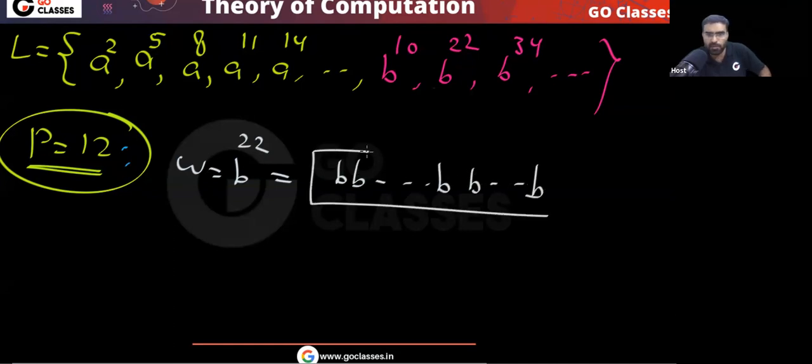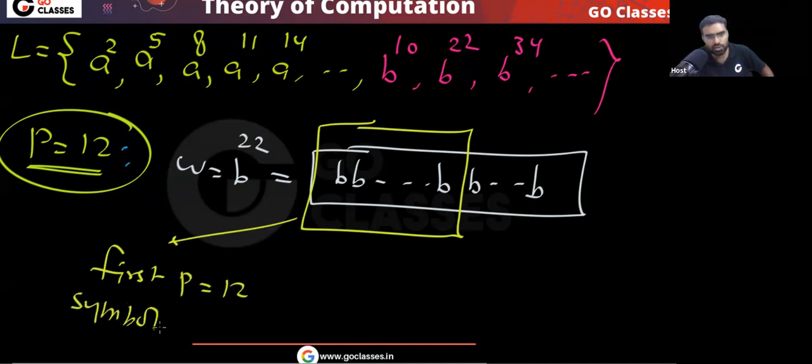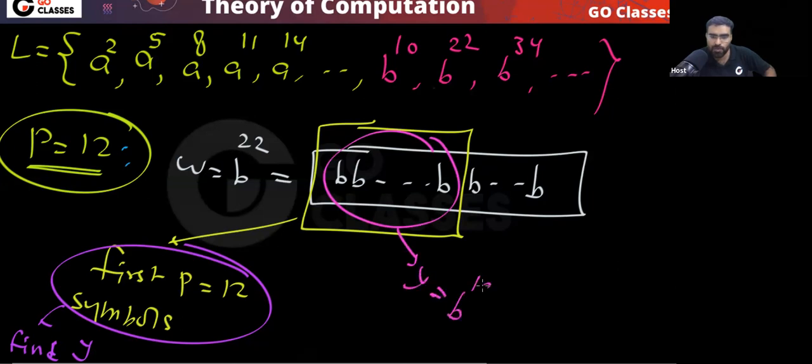Let's assume these are the first 12 symbols. In this area, you find y. Which y will work? Yes, you can take these 12 symbols as y. You can take y equal to b power 12.